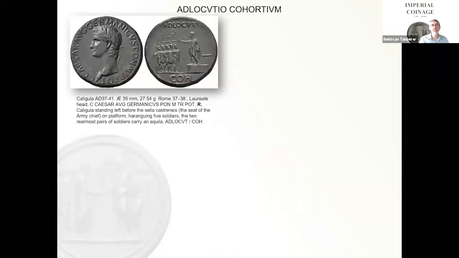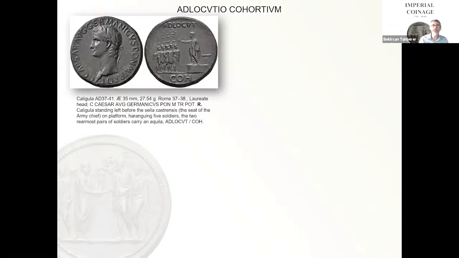We see coins on which the emperor addresses the army, and they are all advertised as ad locutio cohortum.